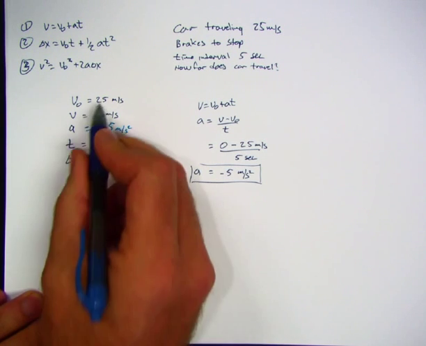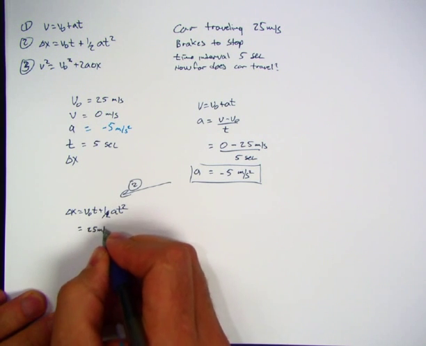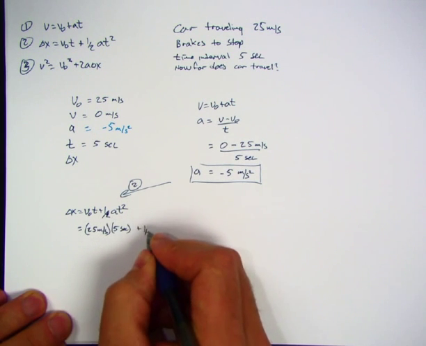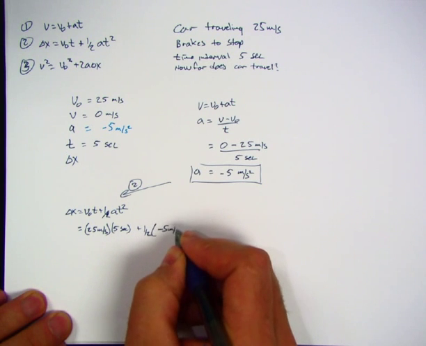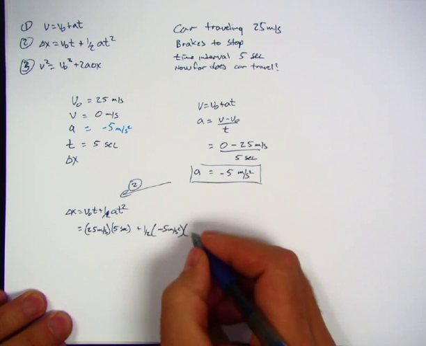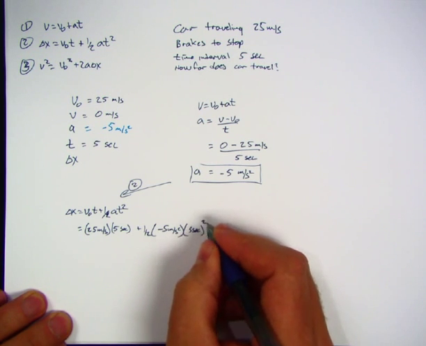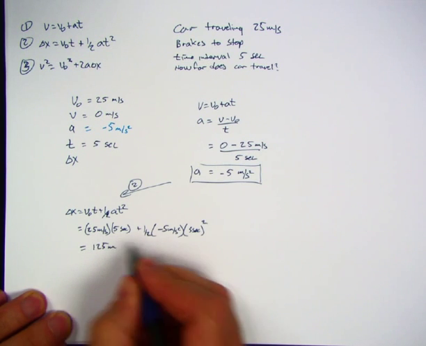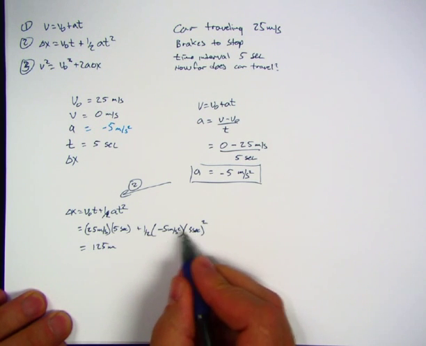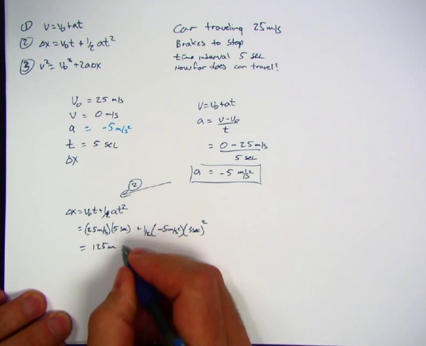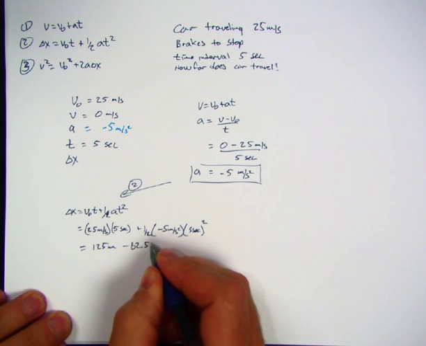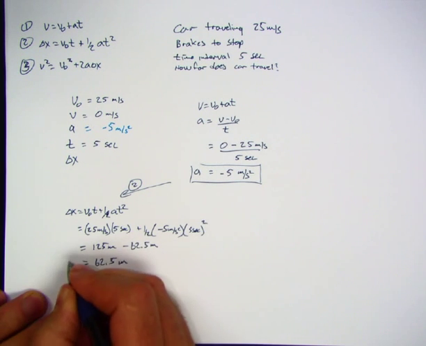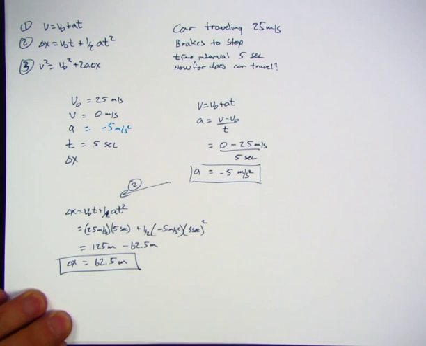So initial velocity is 25 meters per second, time is equal to 5 seconds, plus 1/2 times negative 5 meters per second squared times 5 seconds squared. So 25 times 5 is 125 meters. 5 times 5 is 25, times 5 is 125, divided by 2, so it's minus 62.5 meters. So we're going to end up with 62.5 meters as the distance the car travels during that time.